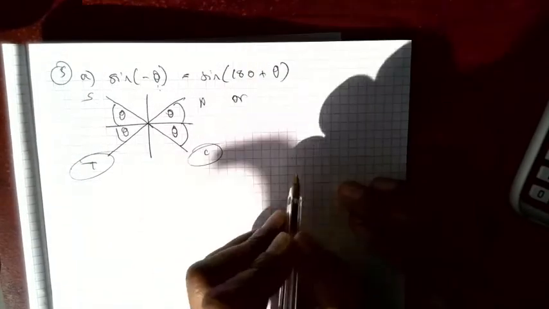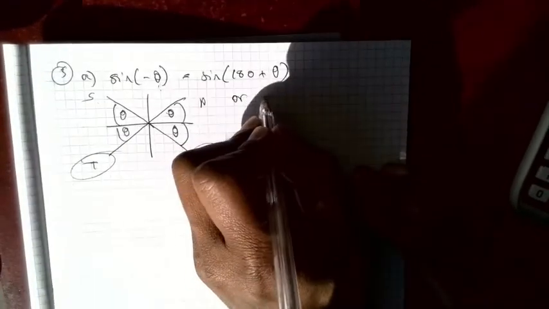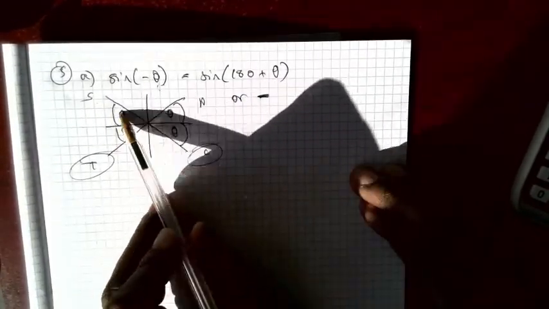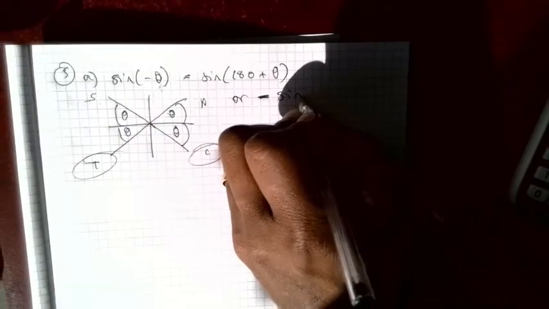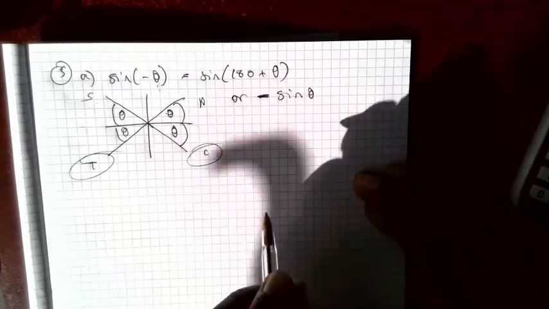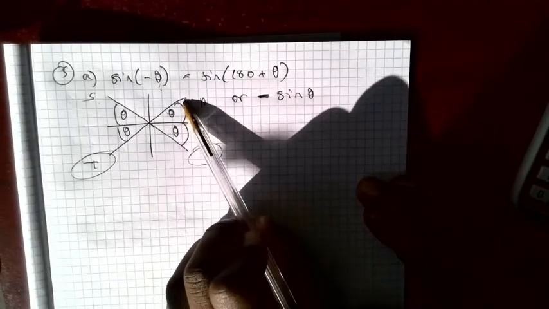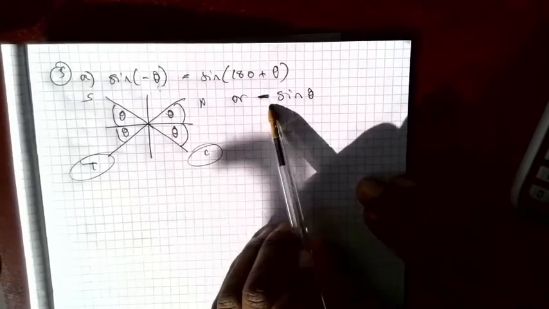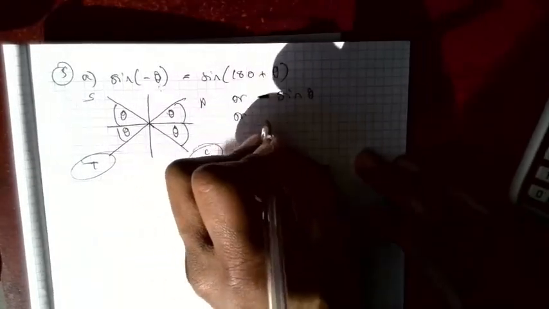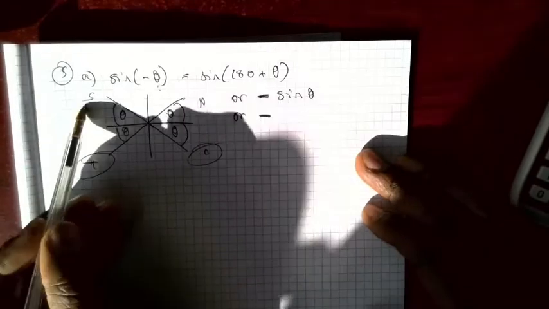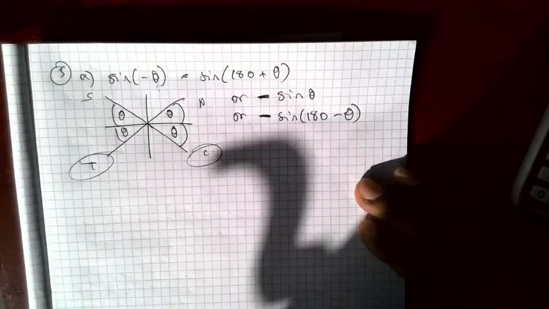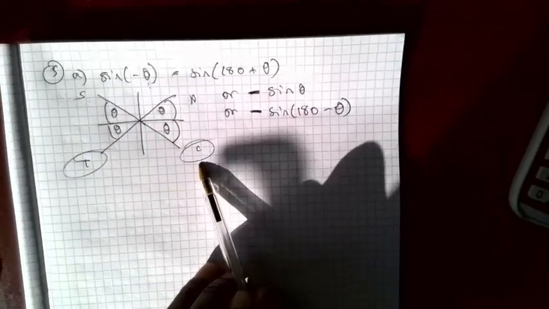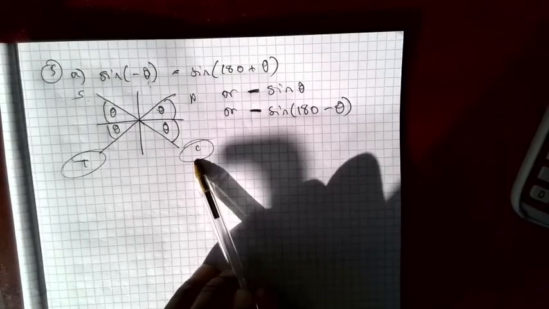Or I can even write my answer as negative, because I'm looking at now one of these bits, negative sine theta. Because look, that one is the wrong sign, so I'll stick a negative. Or I could write it as negative sine 180 minus theta.